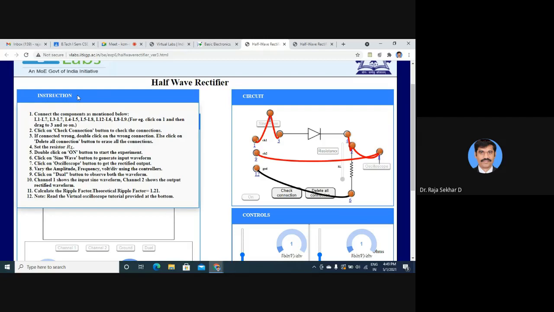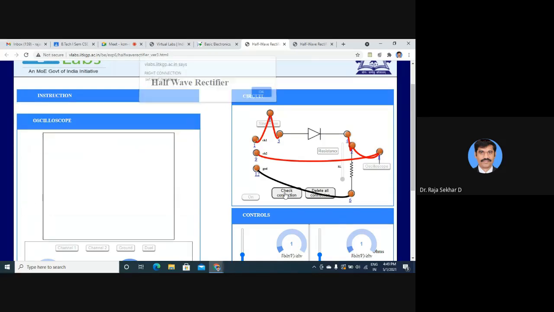Click on check connections. So the connection is right, no problem.